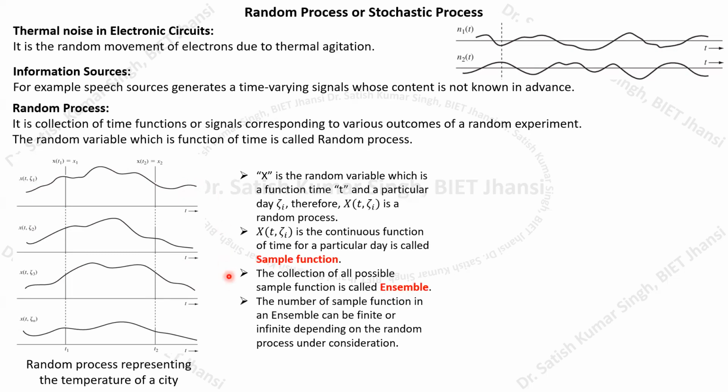Here, if we represent this X, it is the random variable, which is a function of time. Each sample function, this collection of all temperature waveforms over time for a city, is represented by capital X. And this capital X is a function of time t as well as a certain day.